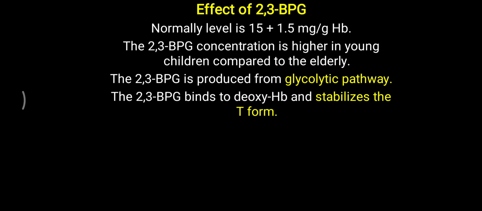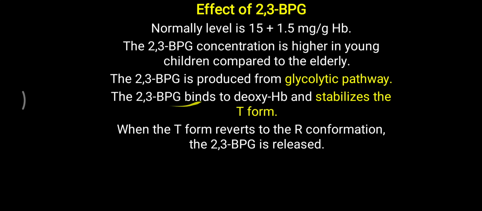It is sometimes also called the shunt pathway. The Rapaport-Luebering cycle is basically targeted to providing more and more 2,3-bisphosphoglycerate. Its level is also increased at high altitude, which we will discuss in detail later on. At present you have to remember it is produced from the glycolytic pathway.